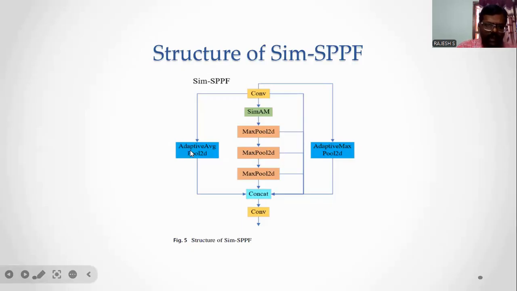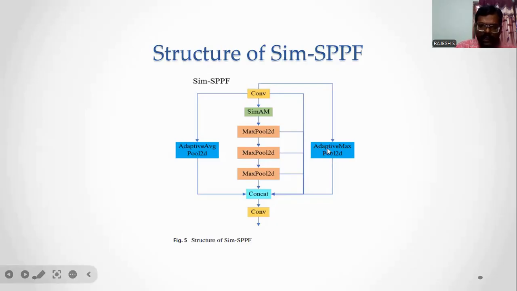Now we find the adaptive average pool 2D. It divides the image into small boxes and takes the average value of each part.